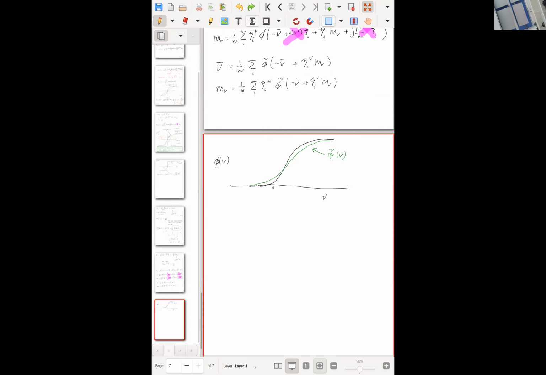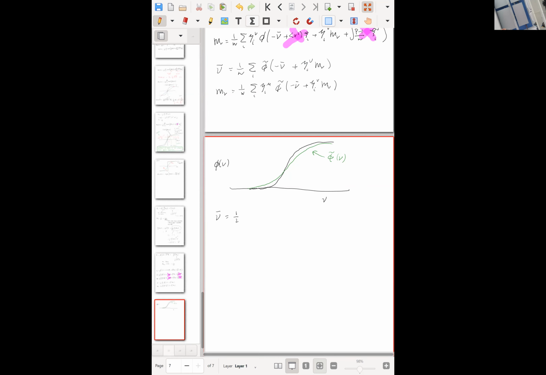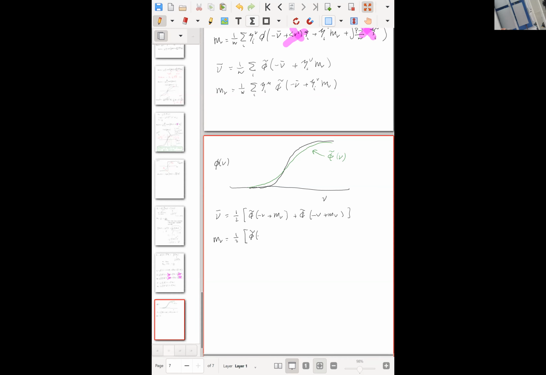So nu bar is equal to 1/2 of phi tilde of minus nu plus m nu plus phi tilde of minus nu plus m nu. And m nu equals 1/2. If eta nu is positive, phi tilde of minus nu plus m nu minus phi tilde of minus nu minus m nu.